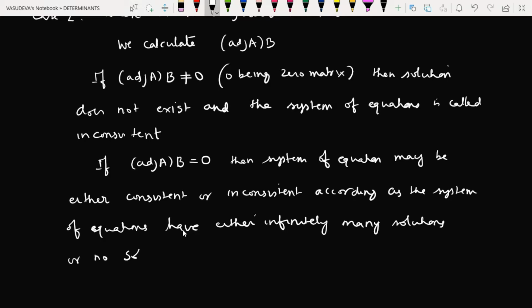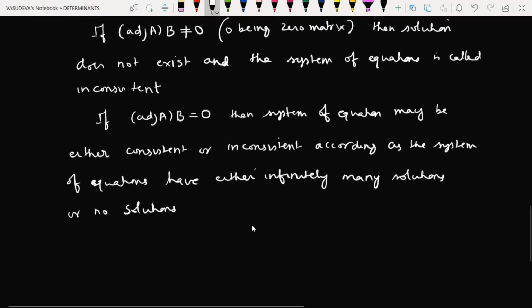So when consistent it may have infinitely many solutions, but when inconsistent it may have no solution. But in our chapter, in our syllabus, we have restricted ourselves to the system of linear equations having unique solution only.